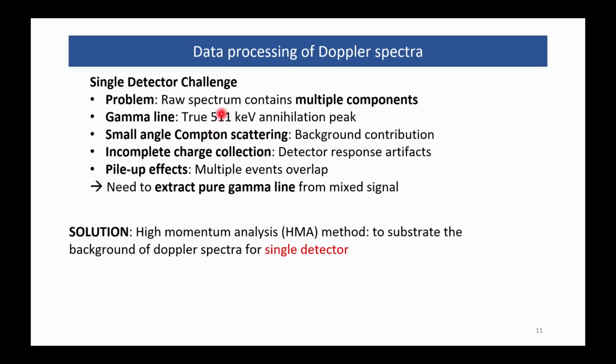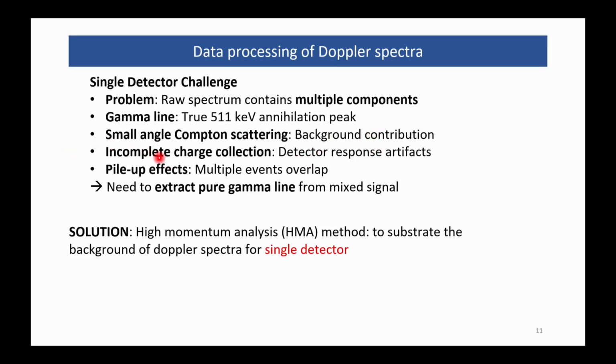We had a challenge when we built the method to analyze the electron momentum distribution. The problem here is that the raw spectrum contains multiple components. You have gamma lines, which are the true events. You have small-angle scattering, which is a background contribution.